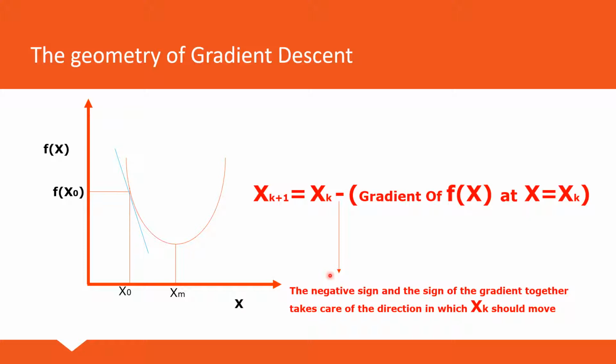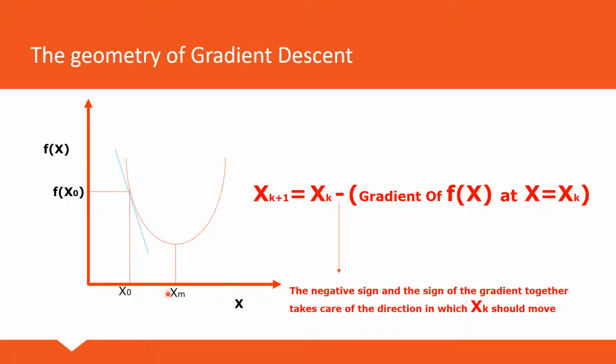It's also fairly obvious that the initial choice of x that we were making, x naught, can also be on the right hand side of xm. It need not always be on the left hand side of xm. If it is on the right hand side of xm, then obviously the magnitude of the gradient will still continue to be the same, but the sign will be the opposite, and hence we will in that case be subtracting something from x naught and bringing it closer to xm.